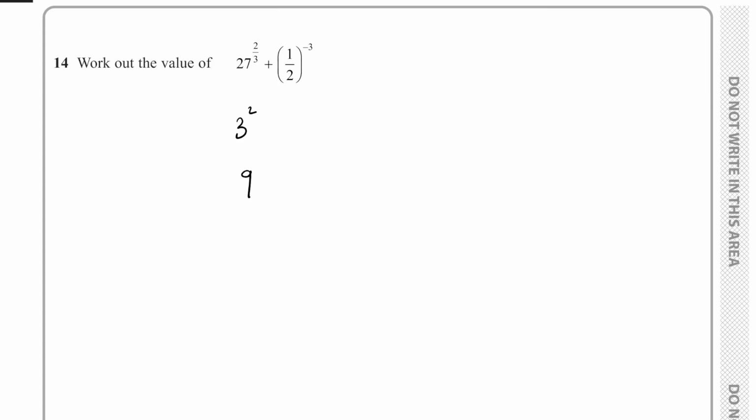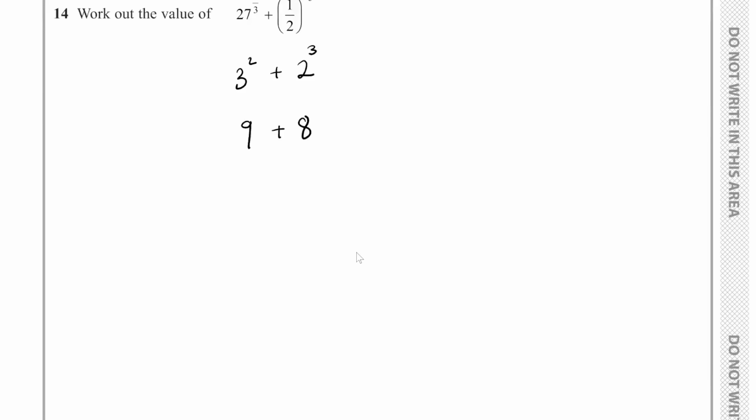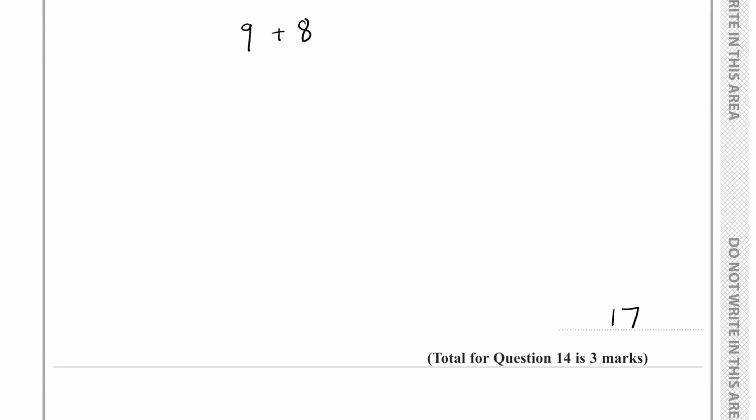For the 1/2, negative means flip. So that's going to become a 2. Then the 3 means cubed. So we flip it and then we're going to cube it. 2 cubed is 8. So we've got 9 plus 8. That's 17.